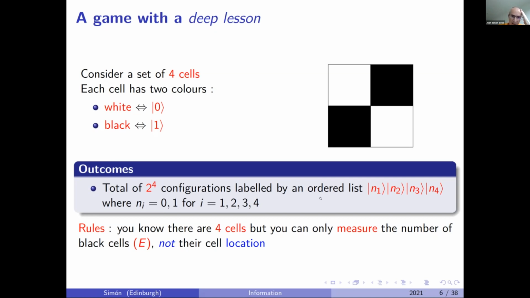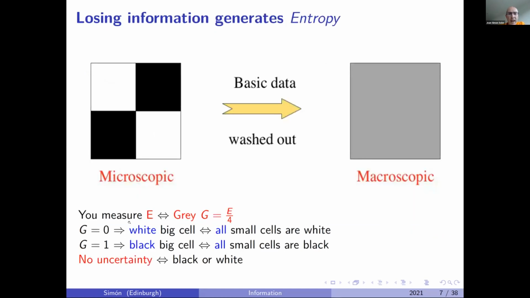Now, the game that I want to play is that we know that there are 4 cells, but I can only measure the number of black cells, which I'm going to call E, but not their location. So this means that I have some information on the ordered list, but I don't have enough information to identify the precise list of 4 numbers. Let me be more explicit. In the particular case in which the number of blacks is either 0 or 4, what I call the gray color, which is the number of blacks divided by 4, will either be 0 or 1.